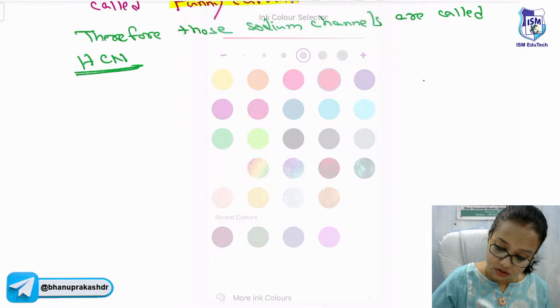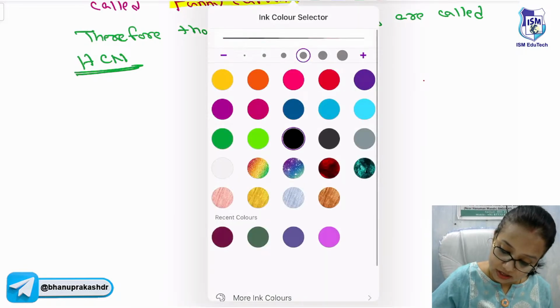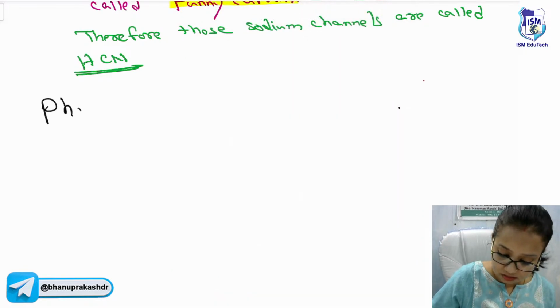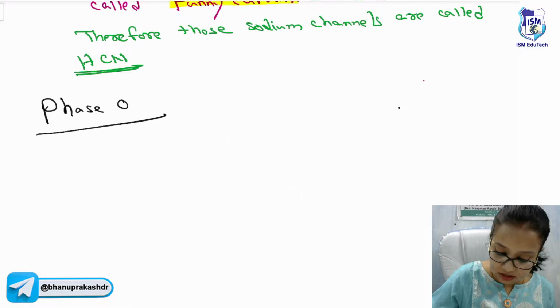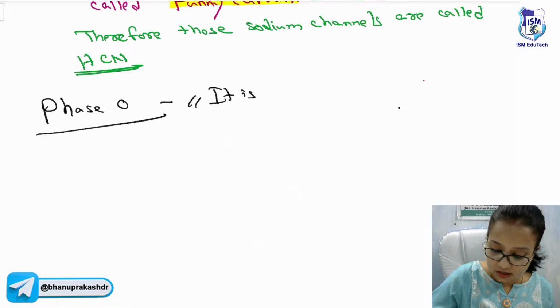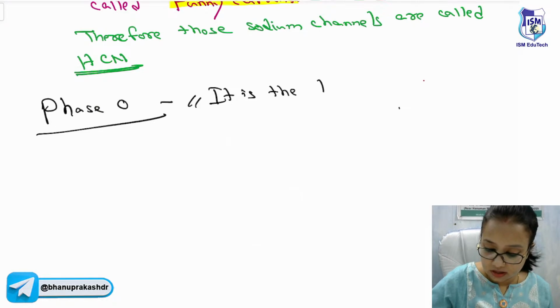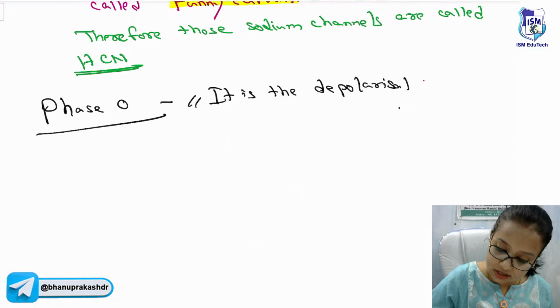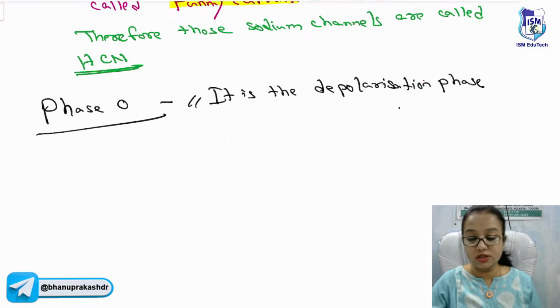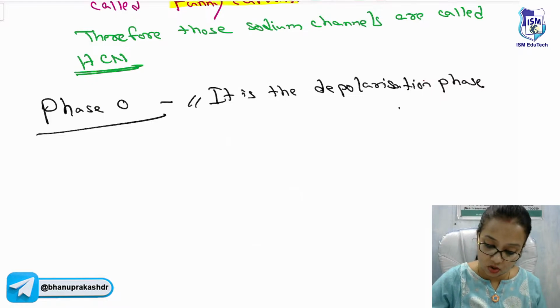Now, what happens in phase 0? Phase 0 is the depolarization phase. And what is the ionic basis of it?